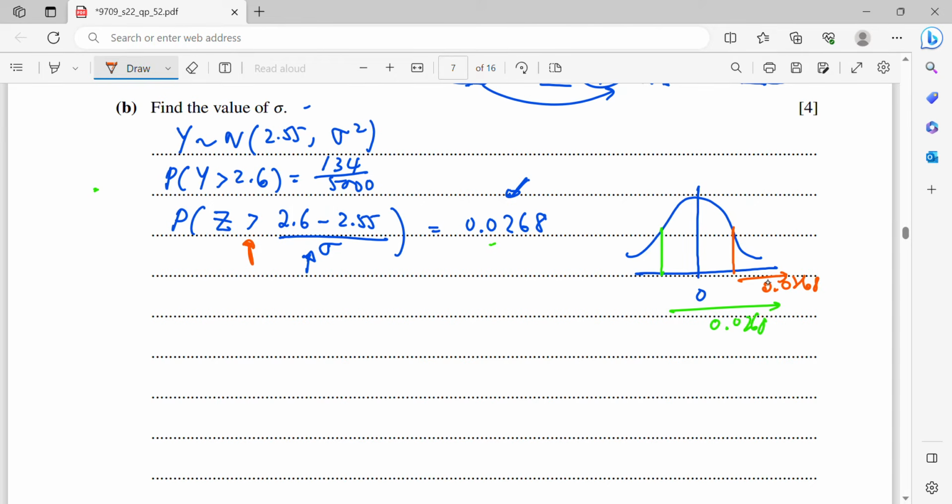For your information, if you consider P(Z less than 0), I know that the probability is 0.5 because it is half of the graph. The total area of the graph is 1, and half of the graph will be 0.5. Now your probability is only 0.0268. So obviously the orange region is more reasonable, because if you choose the green region, it's already more than 0.5. So this is how we decide where the region is.